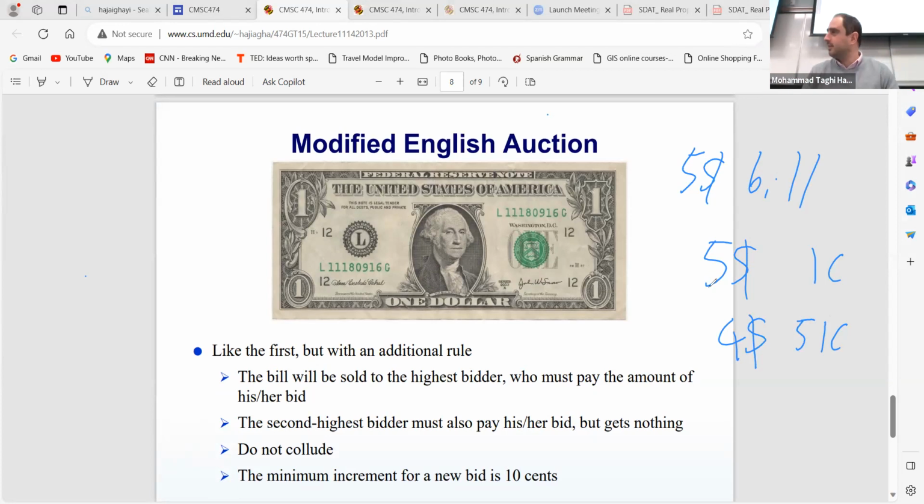So these are the two highest people. And as you see, it stopped essentially here. Then they both ended up paying, essentially almost $9.50 or something like this for a $5 bill. And you see that here the auctioneer actually got money.